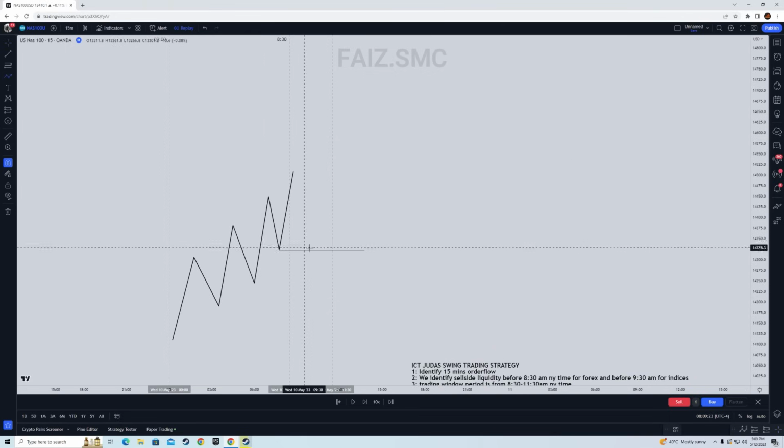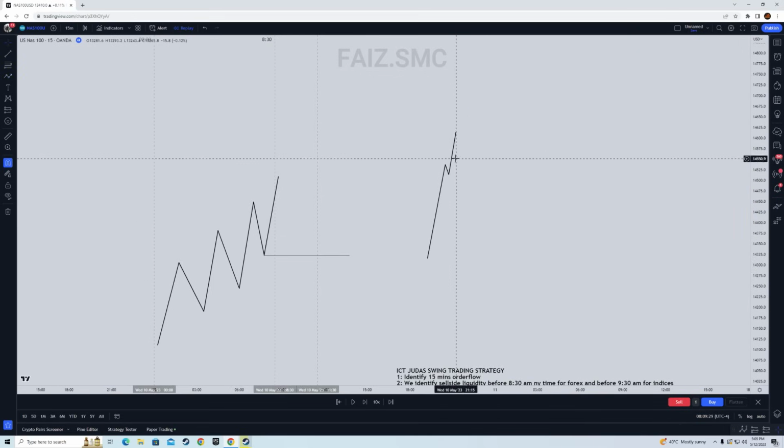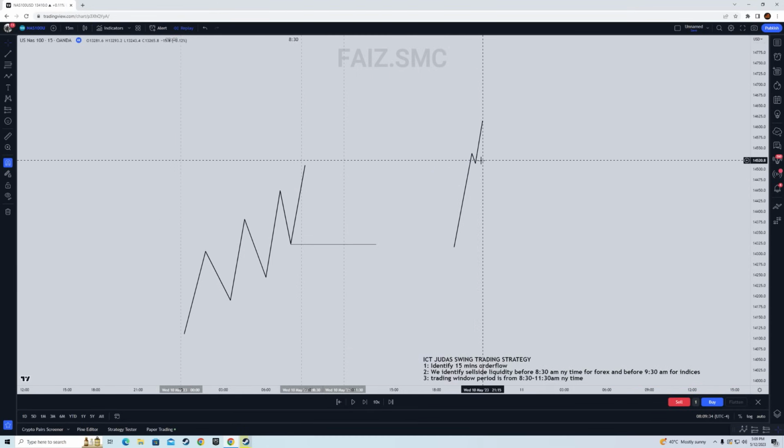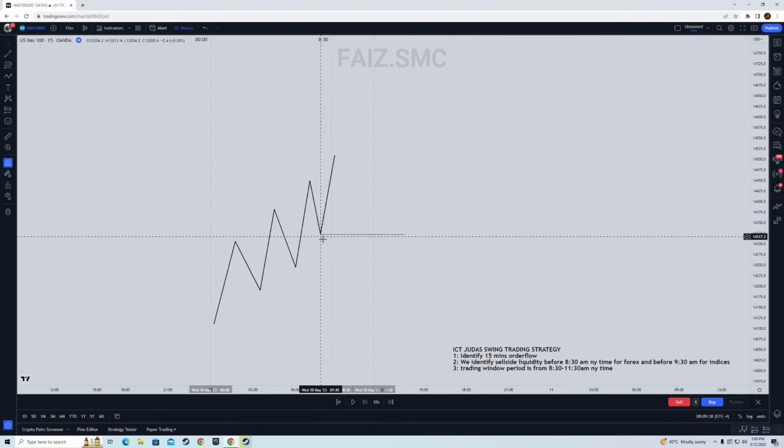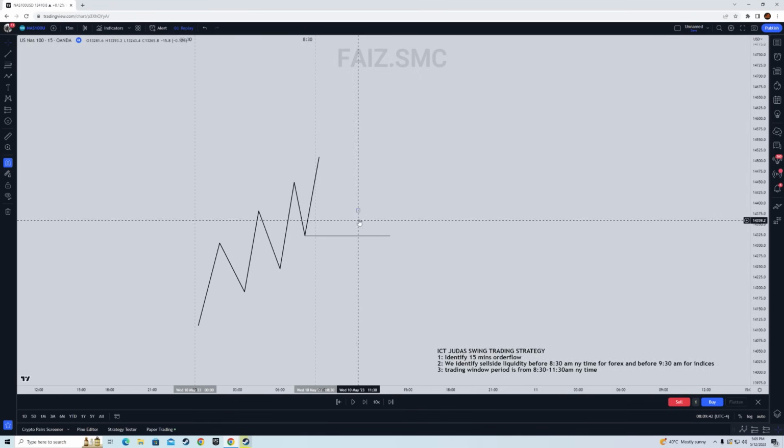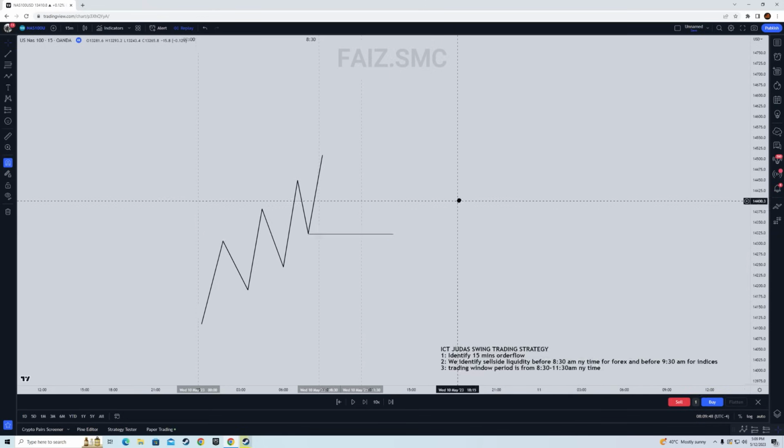If you have something very tiny like that, it's best to avoid it. A very small pullback or small low isn't a significant liquidity level. We must be looking at the liquidity levels on the 15-minute time frame. Let's assume this is a prime liquidity example, a significant low here.